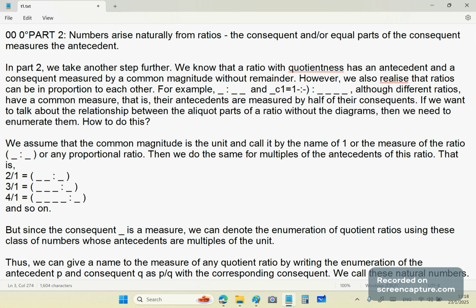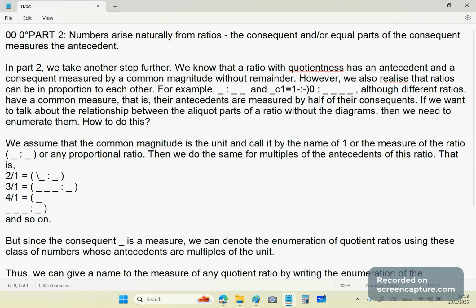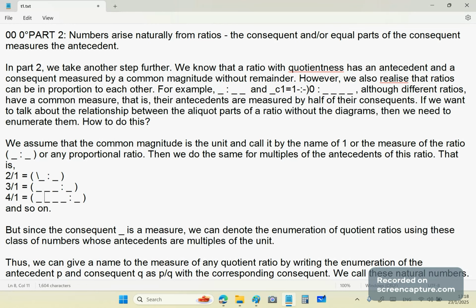Similarly, we do the same for multiples of this antecedent. So instead of having one of these, we have 2 or 3 or 4. These are all lines. And we call these 2, 3, 4. So now we have a way of naming, enumerating the antecedents.